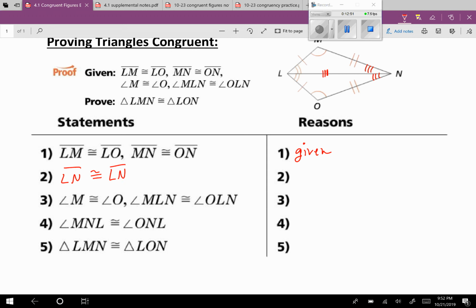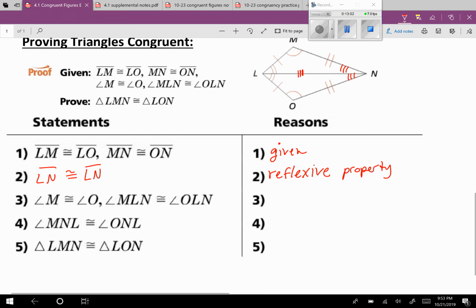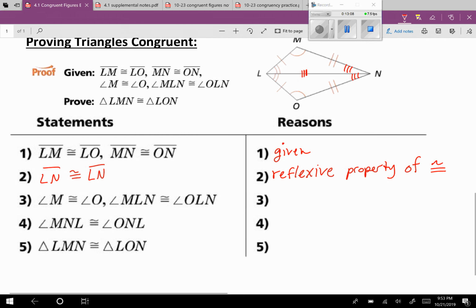And that is the reflexive property of congruence. Okay, you're just saying the line in the middle is shared by both of them. So LN is congruent to LN.